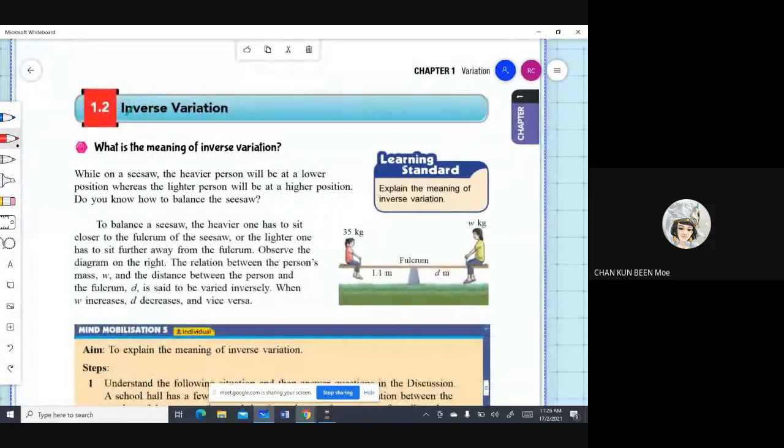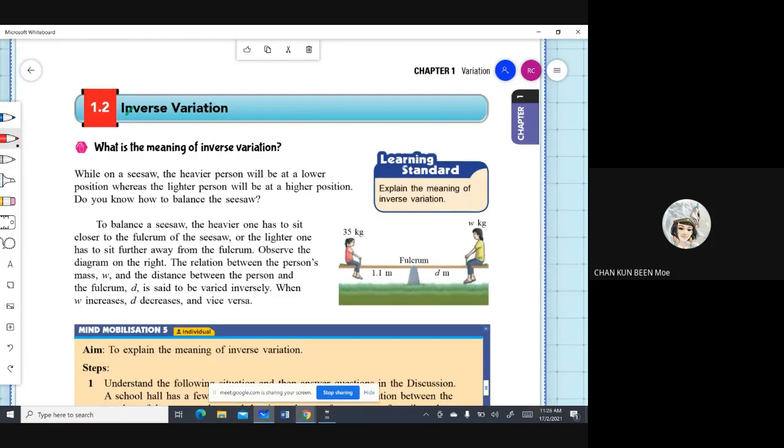So these two persons, what are they doing? They are sitting on a seesaw, right? While on the seesaw, the heavier person will be at a lower position, whereas the lighter person will be at a higher position. Do you know how to balance the seesaw? If you ever played the seesaw, if you want to balance it, you have to move to the front, right? So that you can balance it up with your weight.